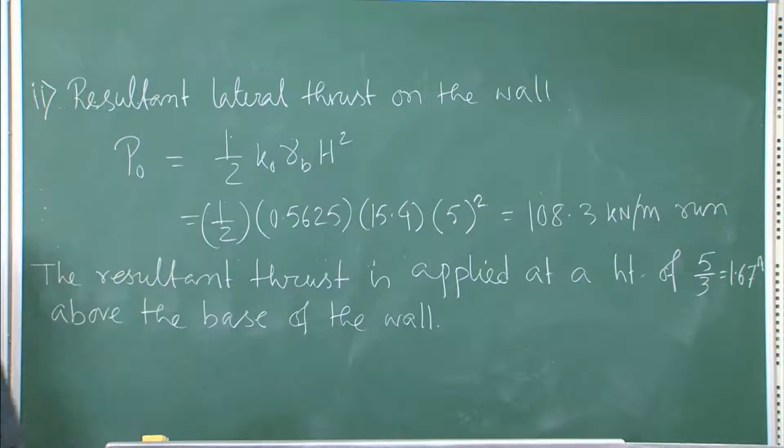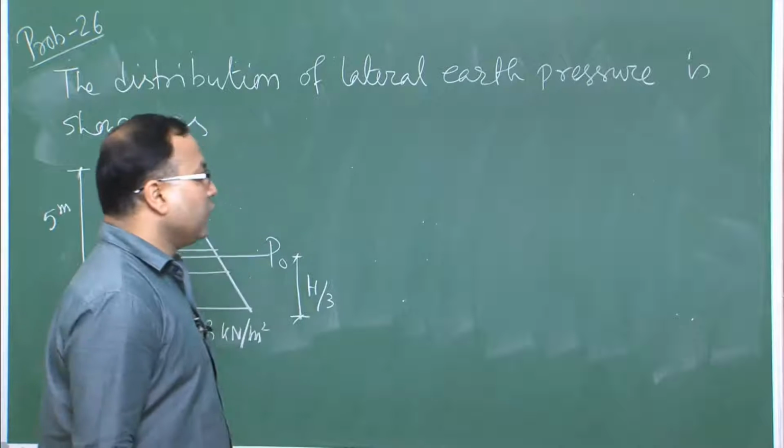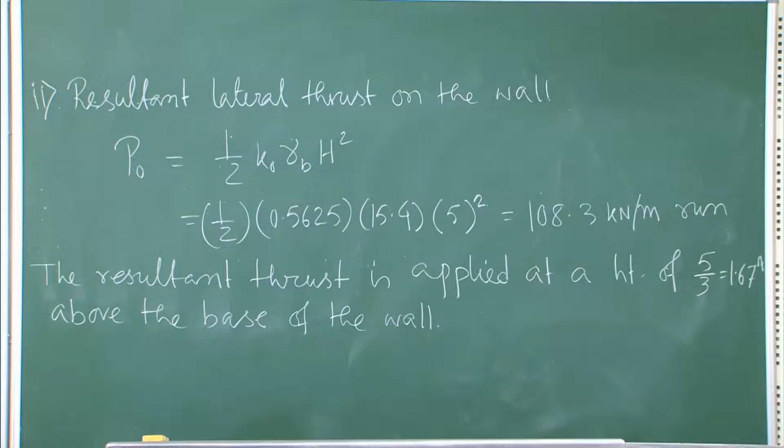So, we have got the resultant force, that means capital P naught as 108.3 kilonewton per meter run, and we have got the point of application of this resultant thrust.